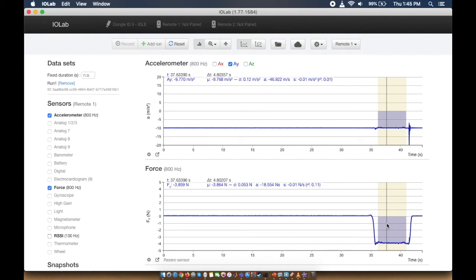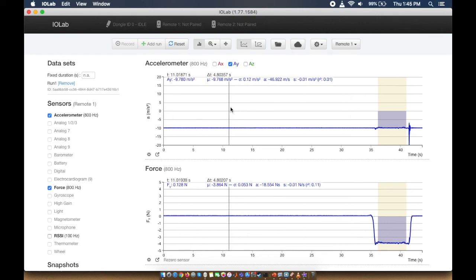Now you applied a force which is exactly equal to the force of gravity. As a result, the change in force that you calculate, the final value minus the initial value, bearing in mind the signs of those values, gives you the force due to gravity which is acting on the contraption.